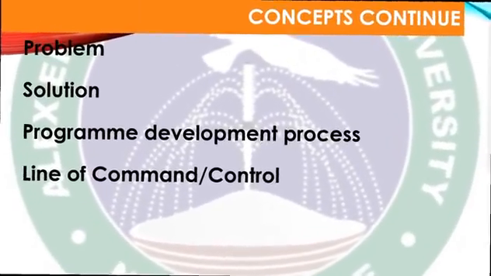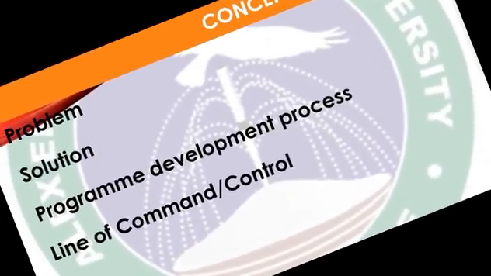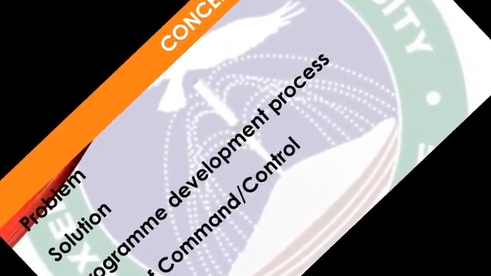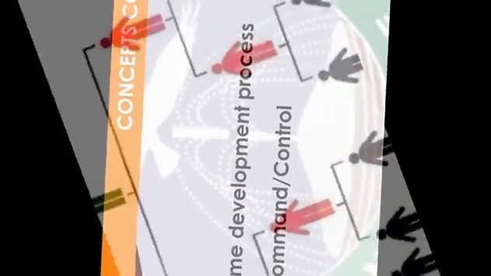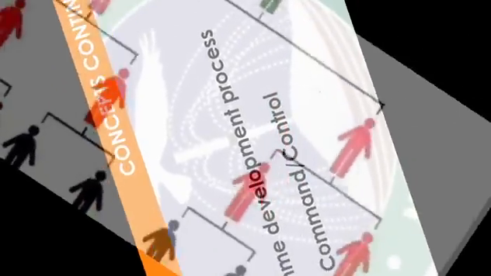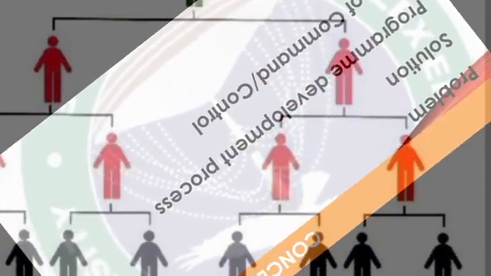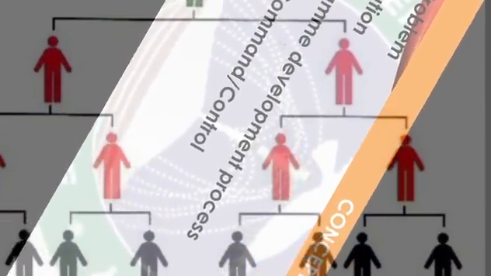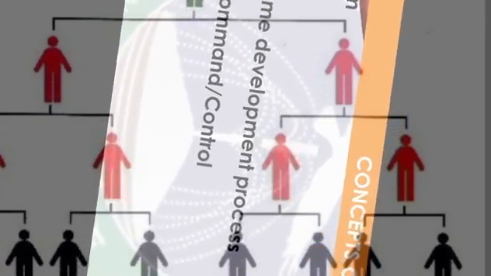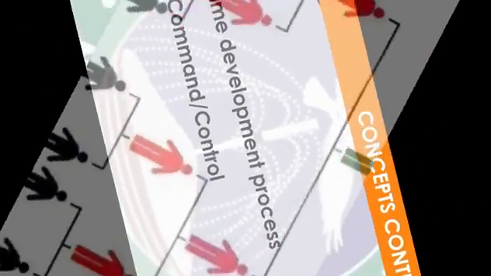Line of command. Line of command will have to do with the flow, I mean, the route of communication from the topmost officer to the lowest rank within an organization. The flow of communication. That's what we mean by line of command or line of control. Like in the university, from the vice chancellor to the lecturers, from the vice chancellor to the student.